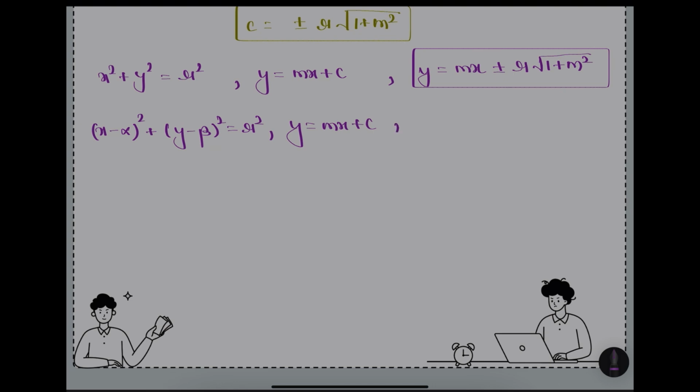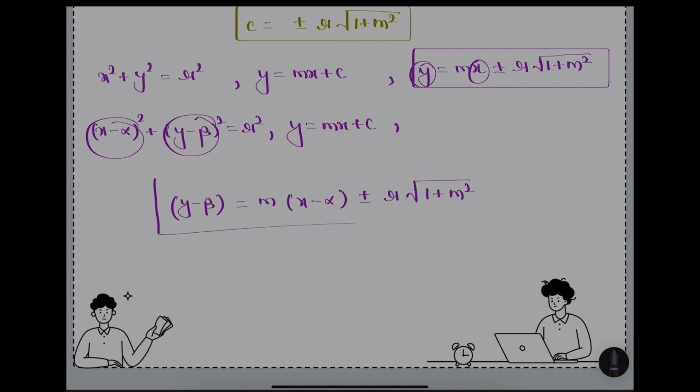So your equation of tangent will have, in place of y, y minus beta, m, in place of x, x minus alpha, and then everything is the same, plus minus r times root over 1 plus m square. So this is your equation of tangent in general form.